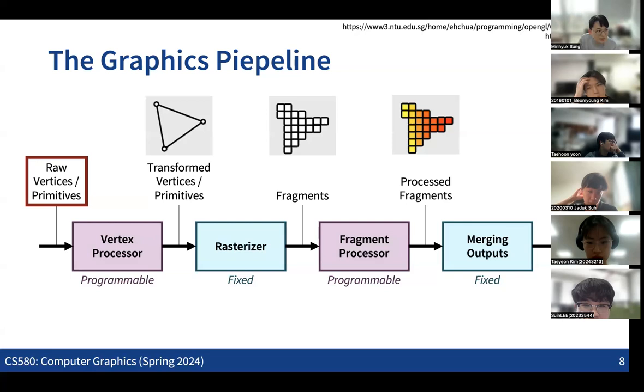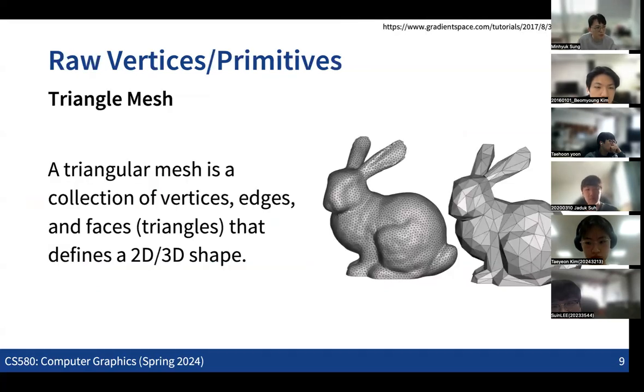So let's first see how we're going to represent the raw geometry. There can be multiple ways of representing 3D geometry, but the most conventional way might be using a triangle mesh.